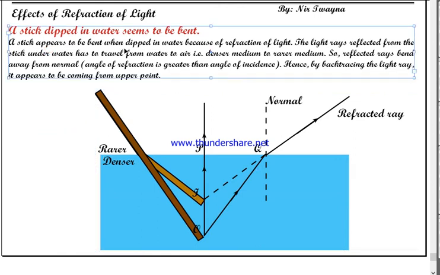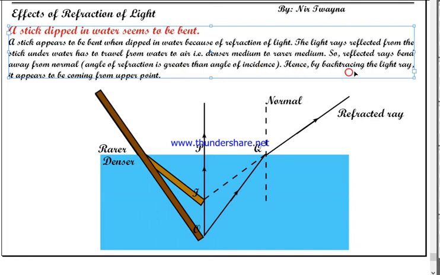A stick appears to be bent when dipped in water because of refraction of light. The light rays reflected from the stick under water have to travel from water to air, that is denser medium to rarer medium. So reflected rays bend away from the normal. That means the angle of refraction is greater than the angle of incidence.